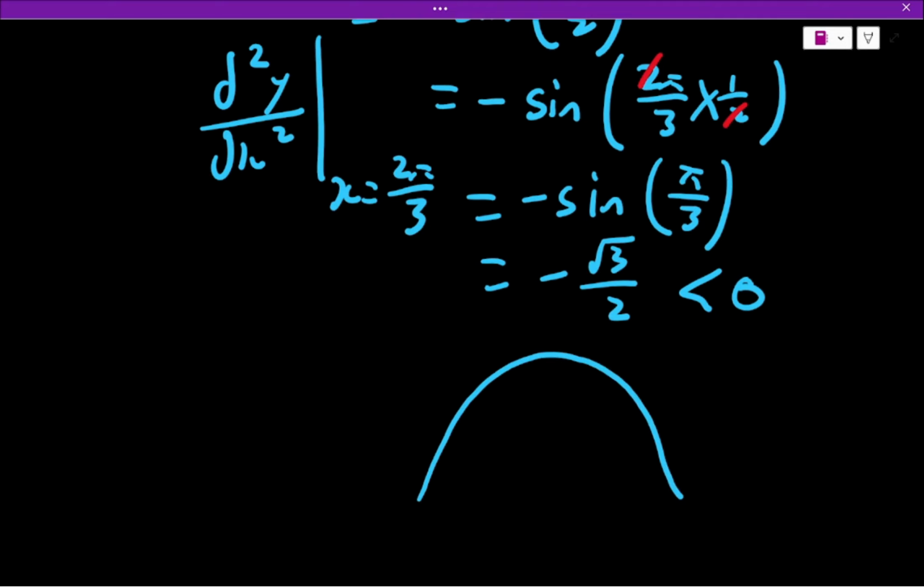Notice that if we have a maximum point, at first it's a positive value, it decreases, it becomes 0, and it gets more and more negative.